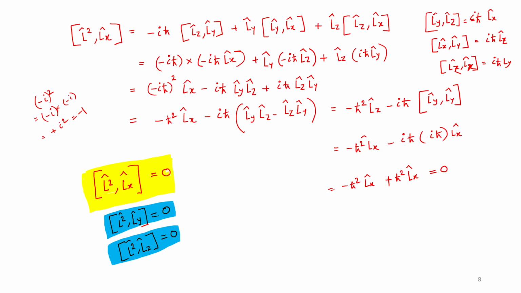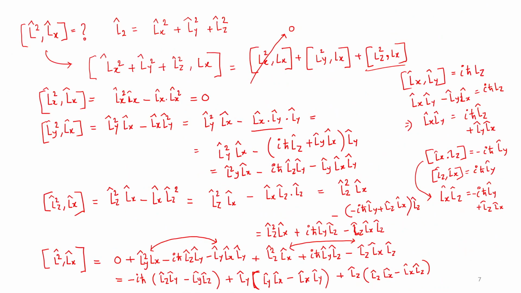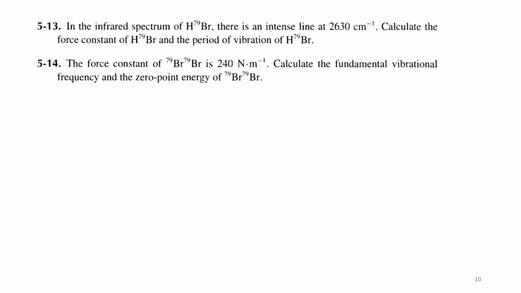Okay. So these are for these questions, we have understood the Lx, Ly, Lz commutation relationships and how to do that. Now let us solve some questions from maybe the rigid rotor problem.